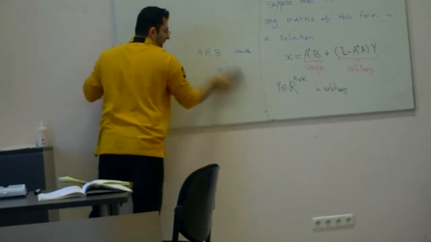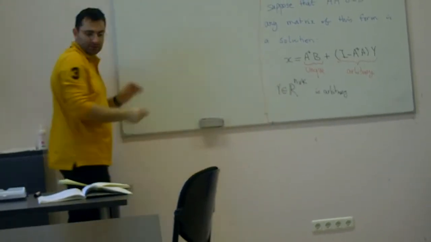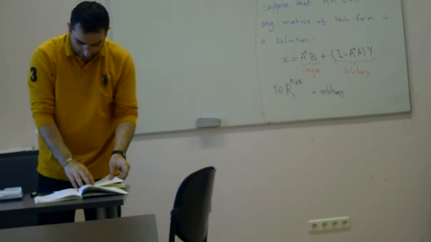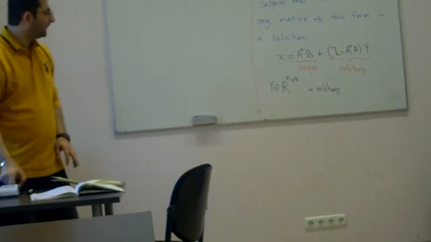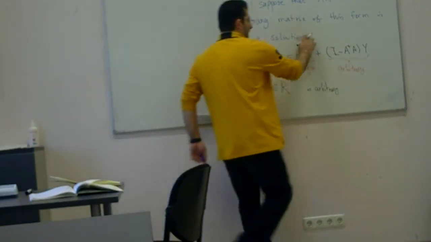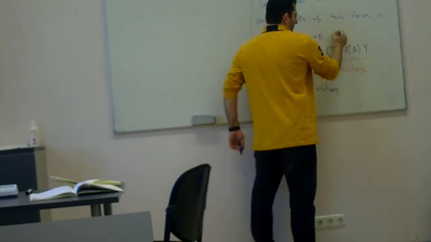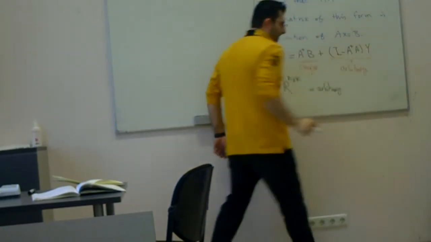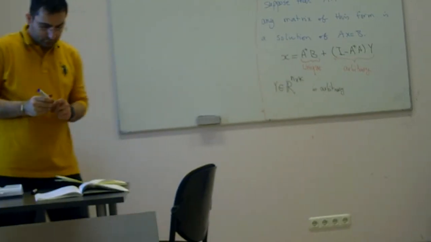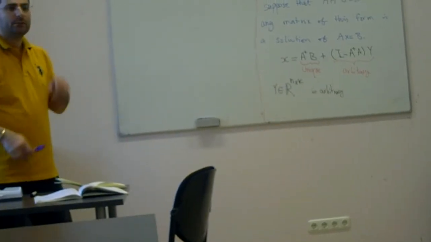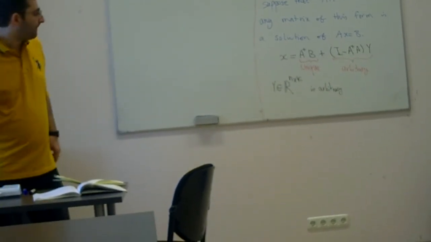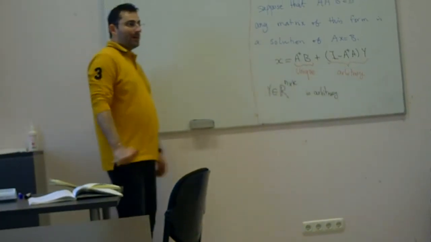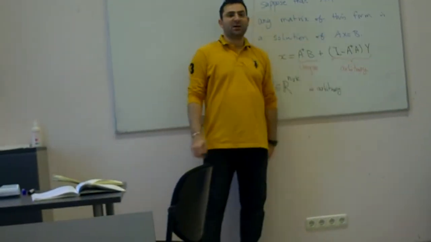Because when we say that we have a solution, we have to show what the solution is. So this is a solution of Ax is equal to B, right? How can I prove it? I tell you that this is the solution of this one. How can we prove it?